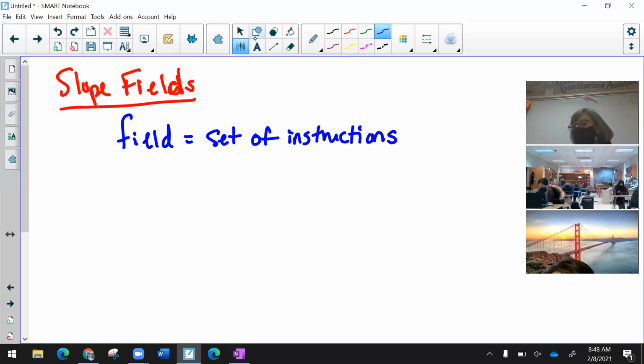So for instance, you are surrounded by at least two fields that I can think of right now that you move within all the time. One of them is a gravitational field. That field exists, and no matter where I put an object, if I drop it, the gravitational field says this is what you have.